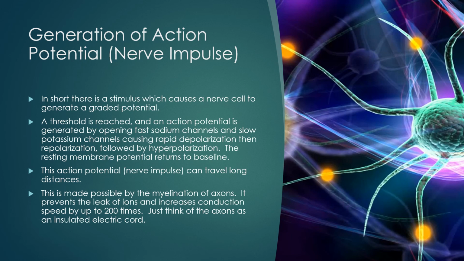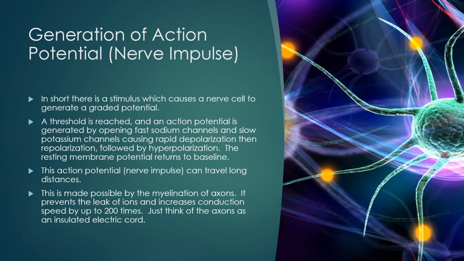So in short, there is a stimulus which causes a nerve cell to generate a graded potential. This graded potential acts as a switch, a threshold is reached, and an action potential is generated by opening fast sodium channels and slow potassium channels, causing rapid depolarization, then repolarization, followed by hyperpolarization.